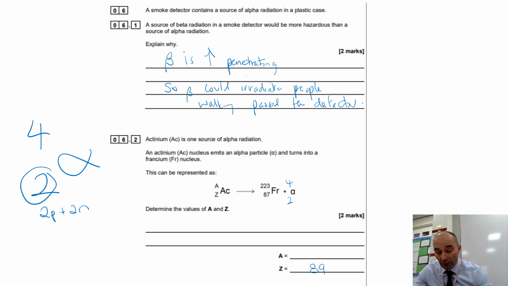So that would be the proton number, which is Z. And then of course we've got a mass of 4 that has been lost from the 223. You just need to add those 2 numbers together and that will give you A. So in this case it would give you 227. Not really sure why they give you all this space, but I'd almost do the working out actually on the equation.